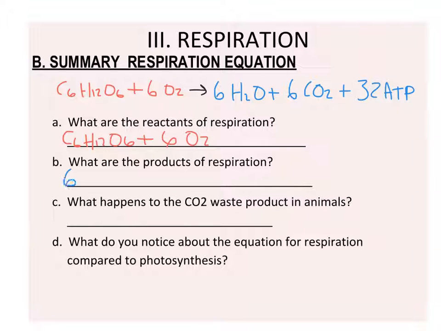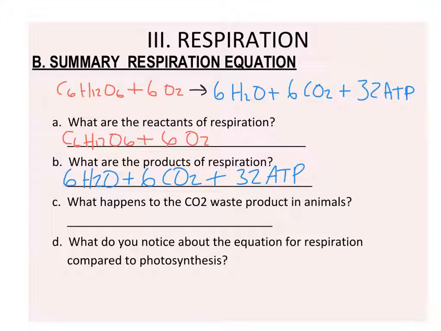Well, what is made is 6 water molecules, or H2O, plus 6 molecules of CO2, which we breathe out, and most importantly, 32 ATP energy molecules are produced from that one glucose molecule. And remember, ATP can be used as an immediate source of energy.